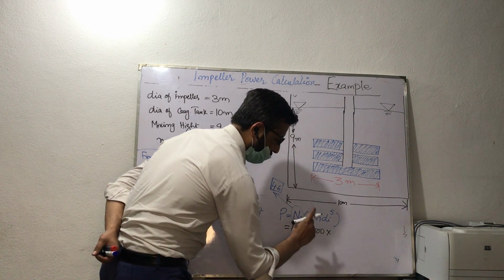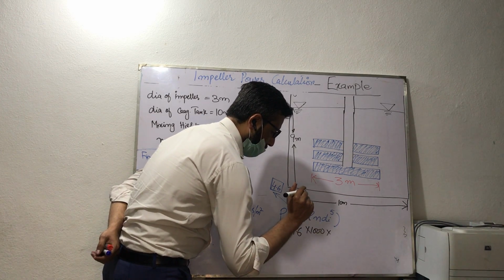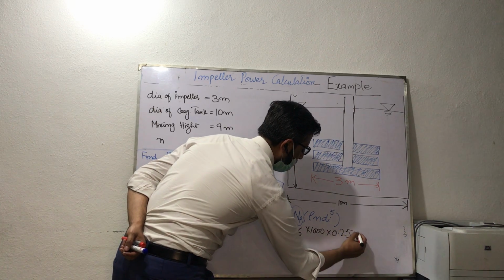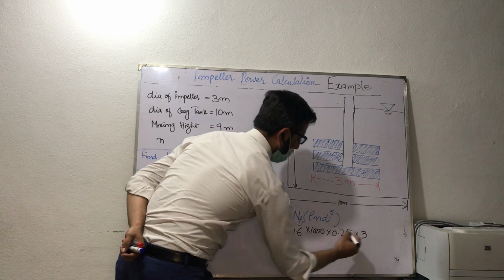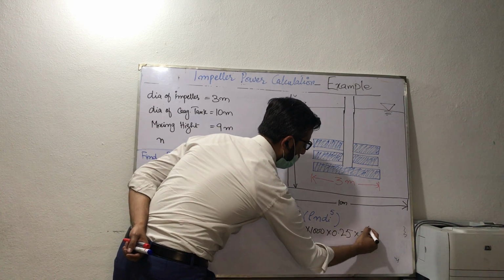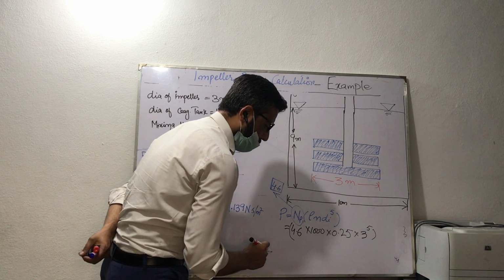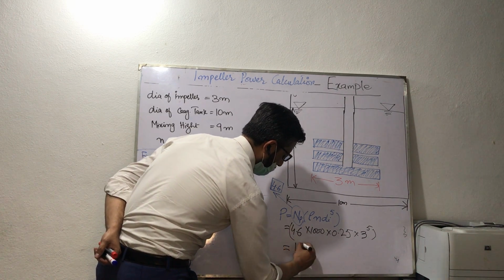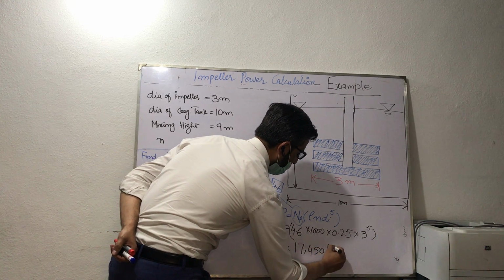Once again we have the value of our RPS as 0.25. Similarly, we have the diameter of 3 meters, raised to the power 5, and if we calculate these values, the power comes out to be 17,450 watts.